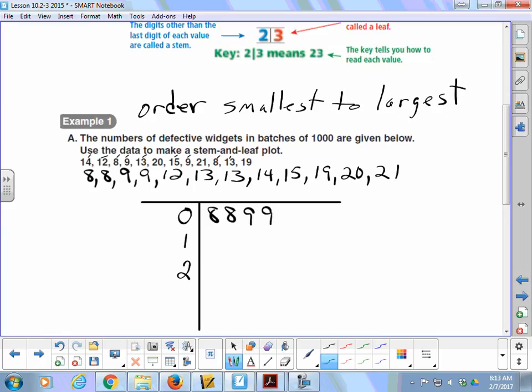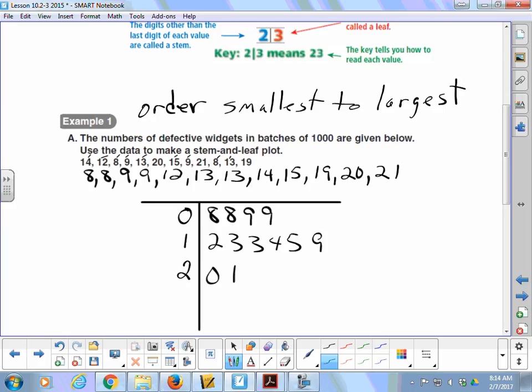And we recognize the fact that each number represents, in this case, a single defective widget. All right, so then we'll do 2, 3, 3, 4, 5, and 9. Once again, remember, no commas, just write the numbers. And 0 and a 1.